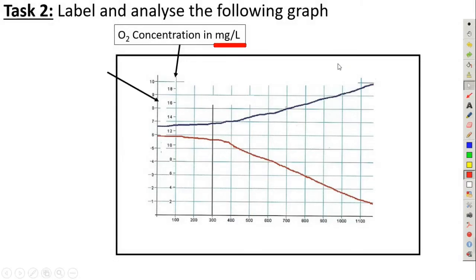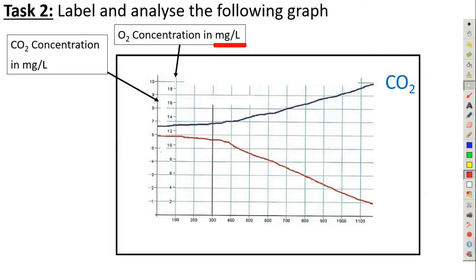Then we also have the CO2 concentration in milligrams per liter. The arrows are pointing to each y-axis. So the blue line is CO2 and the O2 line is dioxygen.